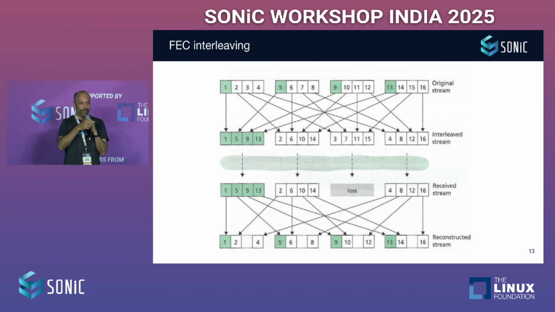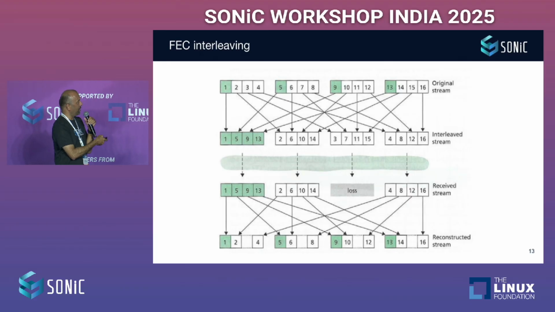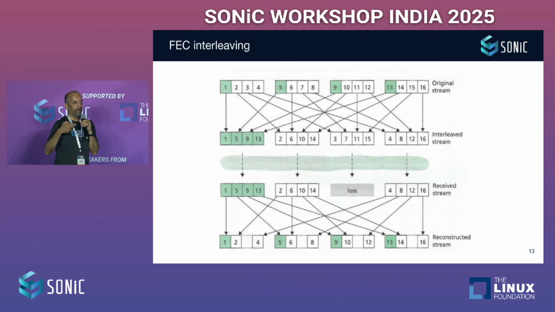But if you interleave the code words, the chances of recovery are better. Suppose you transmit 1, 2, 3, 4, then 5, 6, 7, 8, and so on, and 9, 10, 11, 12 gets lost. Then there are 4 code words lost together, and the capability of recovering is much lesser because you are losing entire code words.